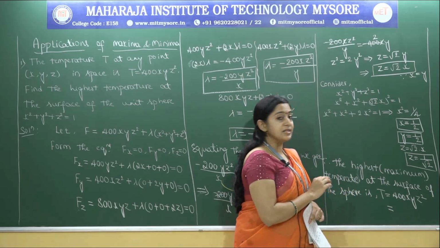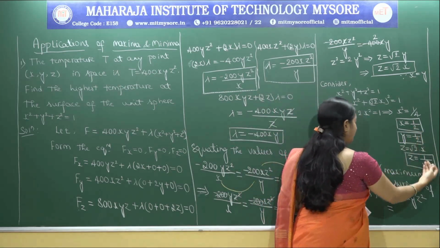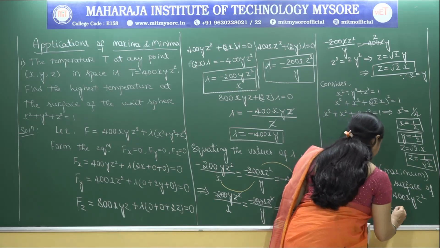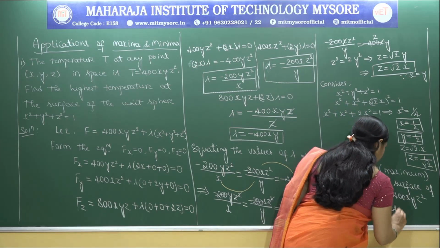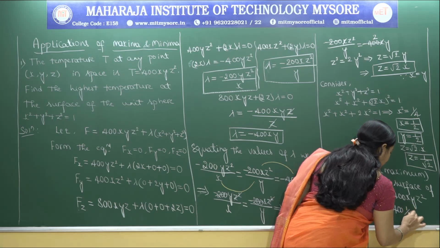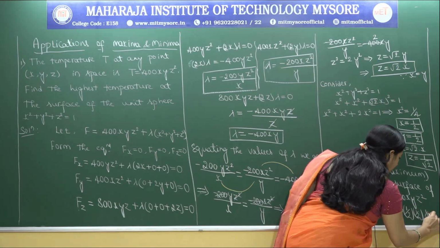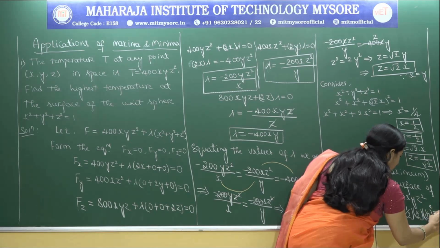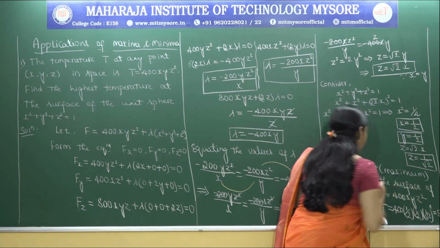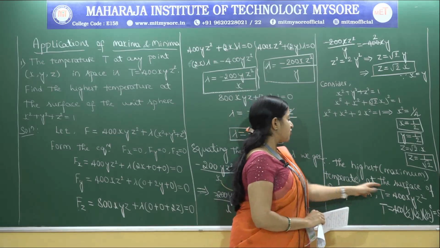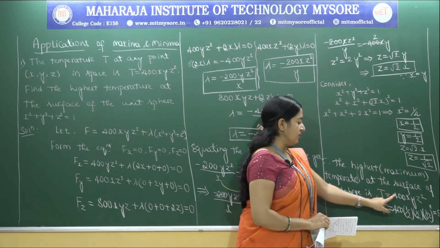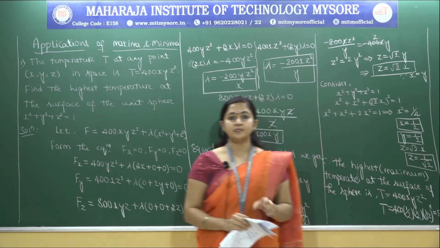Substitute x, y and z values, that is 1 by 2, 1 by 2 and 1 by root 2. So you will get T equals 400 times 1 by 2, 1 by 2, 1 by root 2 whole square. So it is 50. Therefore the maximum or highest temperature at the surface of the sphere equals 50.